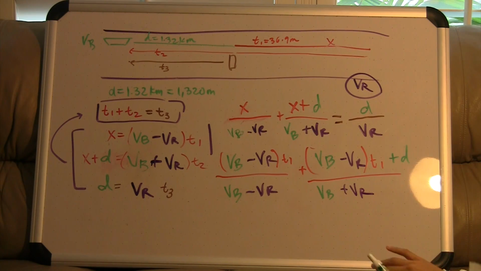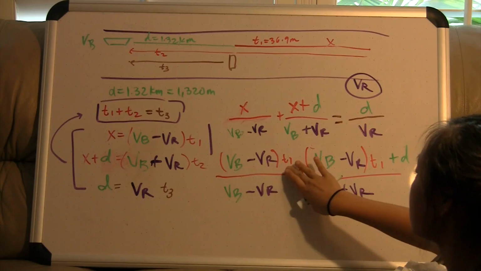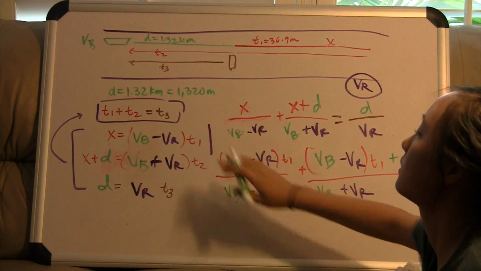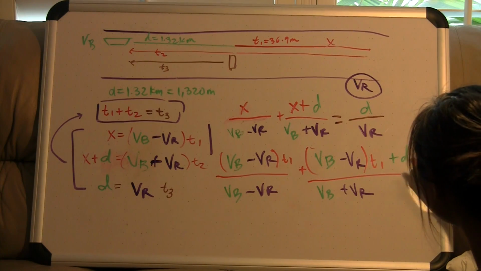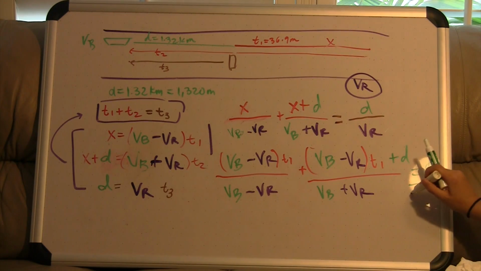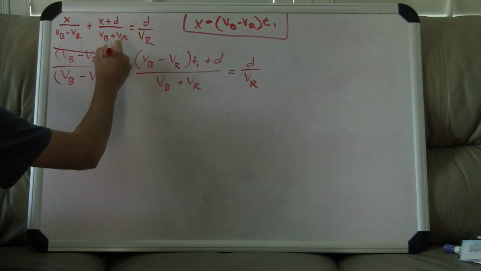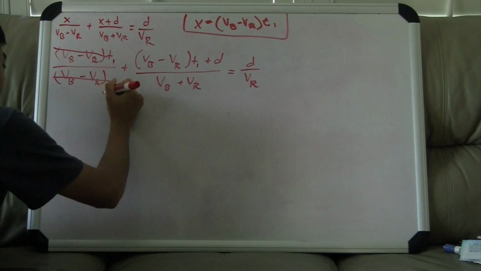So this is just the x value that we substituted in. You can see that from this second equation that we wrote. So this would all equal d over VR. Next we can cancel out the VB minus VR, and that leaves us with only T1.